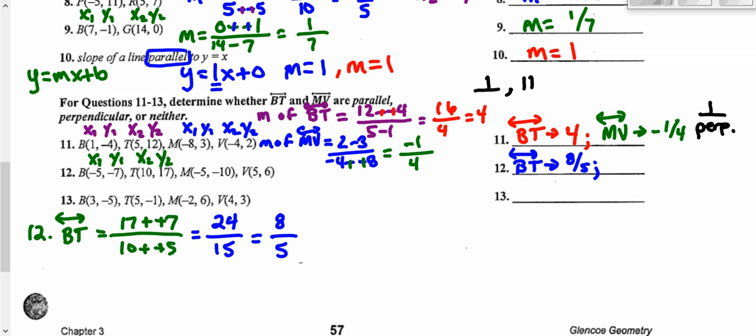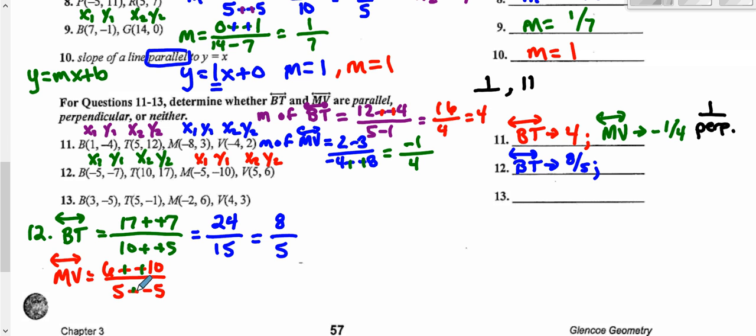So let's go ahead and find the slope of the second one, MV. So x1, y1, x2, y2. And I'll write that like this. And we have 6 minus negative 10 over 5 minus negative 5. A lot of negatives in these problems.